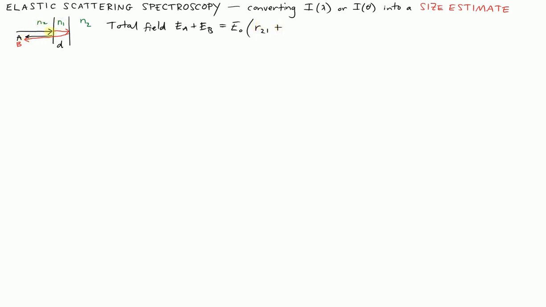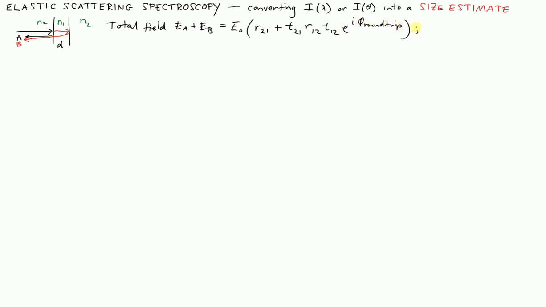And then the series of events that leads to the B beam coming out is a transmission from 2 to 1, a reflection of interface 1 against 2, and then the transmission on the way back is transmission 1, 2. And then there's also a phase that's accumulated over this travel distance. And I'm just going to, for the moment, write that as e to the i phi round trip.